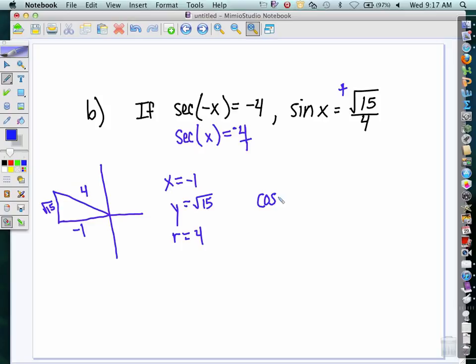So let's start with cosine. Cosine of my angle x is equal to -1/4. My tangent of x is equal to the square root of 15 over -1, which is -√15.